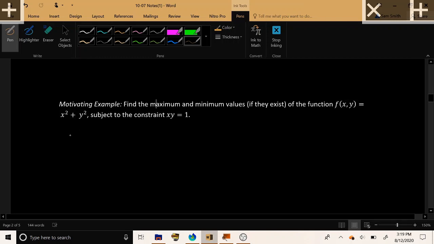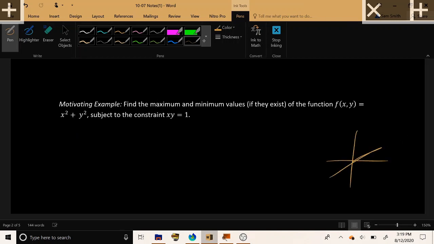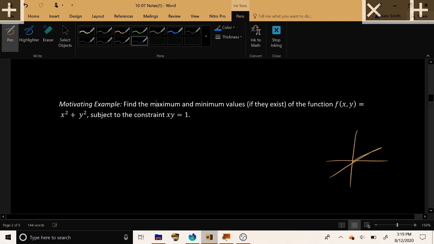Now, this function, as you recall, has a graph in the shape of what's called a paraboloid, which looks like a parabola that's just been spun around so that it has a bowl shape. And if we're allowed to take any point on this entire paraboloid, the absolute minimum will be 0, located at the origin, because that's the lowest point on this entire graph.